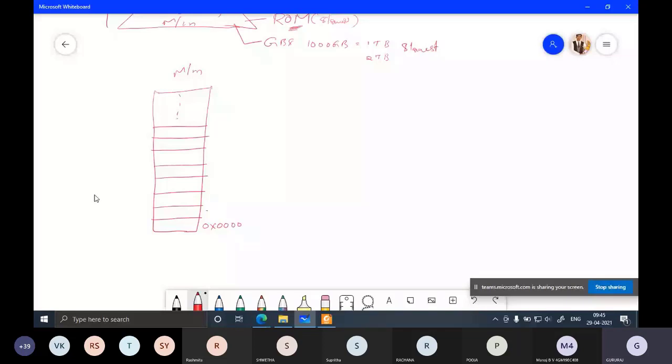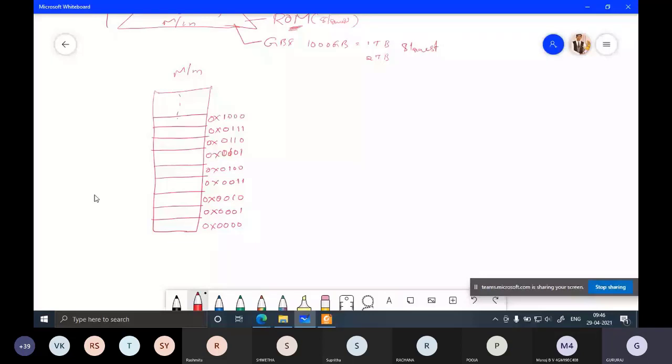The next address will be 0x0001, next 0x0010, next 0x0011, next 0x0100, next 0x0101, next 0x0110, next 0x0111, and next location can be 0x1000.